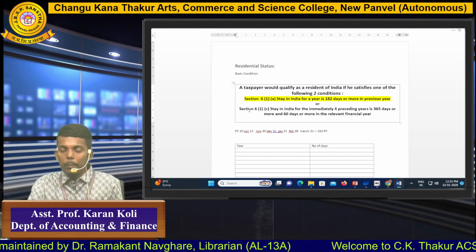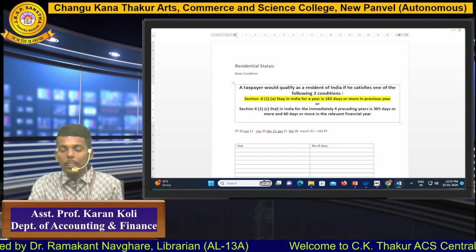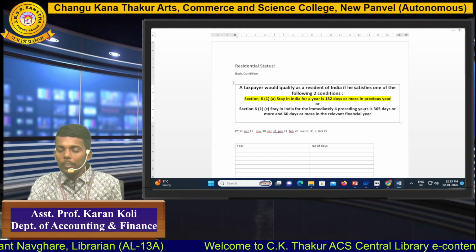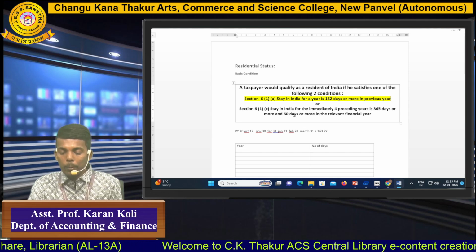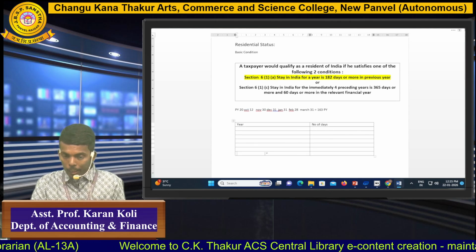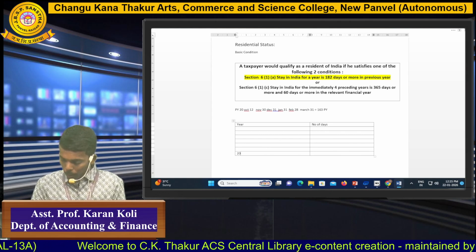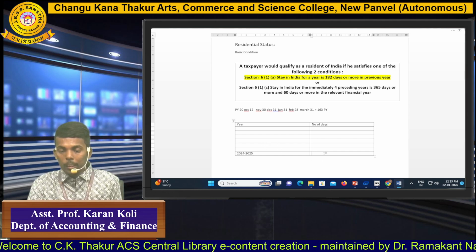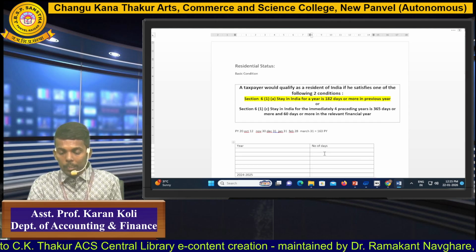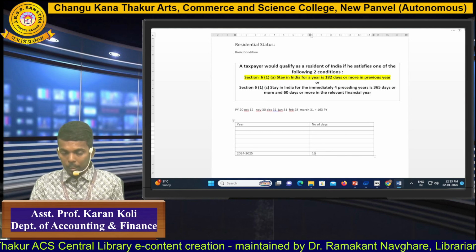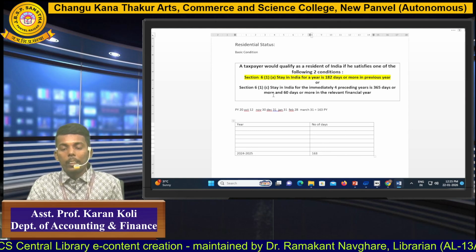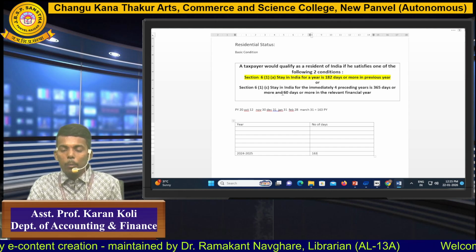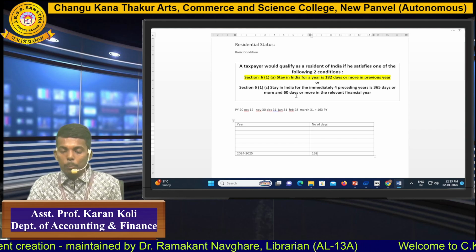Section 6(1)(c): he or she stays in India for 365 days in the immediately preceding 4 years and 60 days in the previous year. We have already calculated the days for the year 2024-25, that is the number of days of stay in India in the previous year, 163. So in the second basic condition, Mr. Raja stayed in India 163 days, which is more than 60 days.